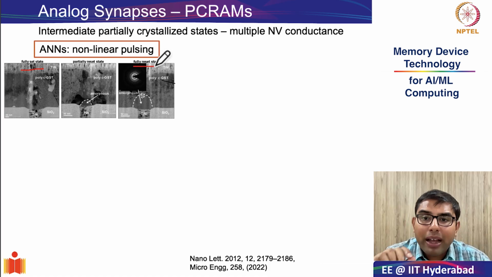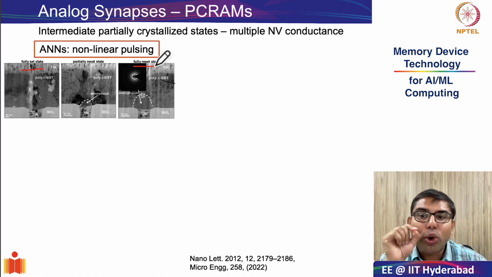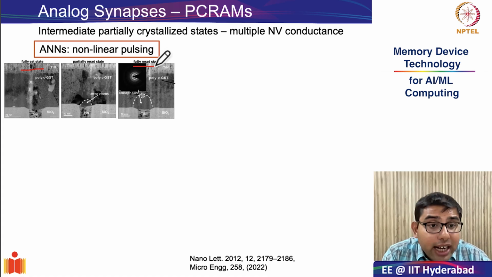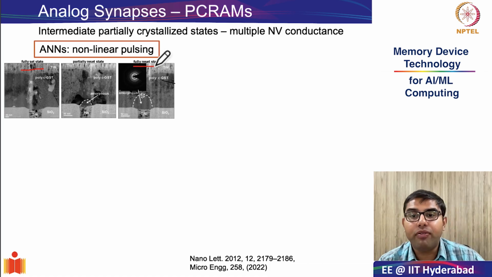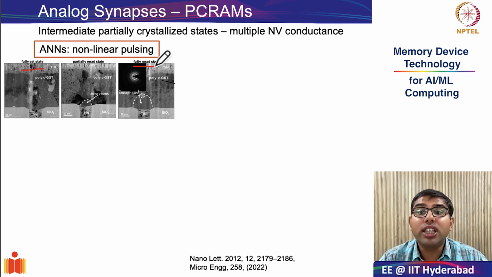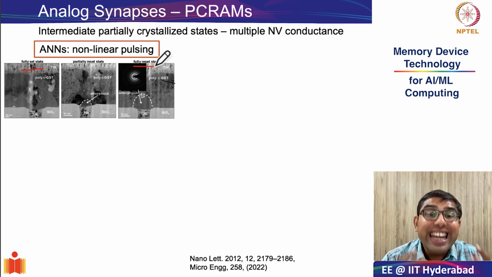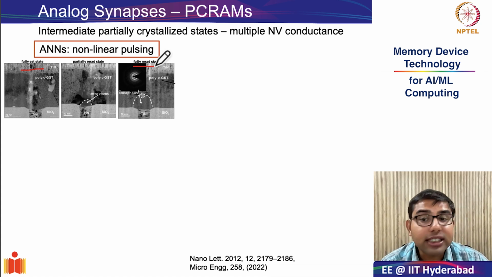And therefore, by finely tuning the magnitude and duration of the programming pulses, we can create several intermediary partially crystallized states, each corresponding to a unique conductance level. And this ability to achieve multiple stable conductance states is what initially made PCRAMs excellent candidates for analog synaptic weights.